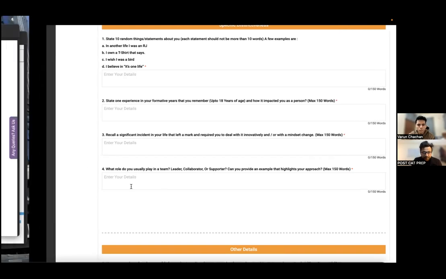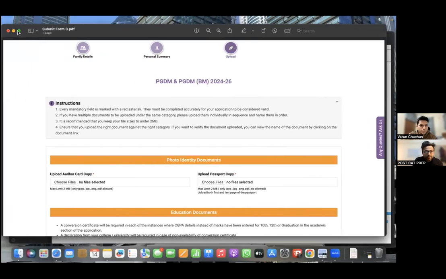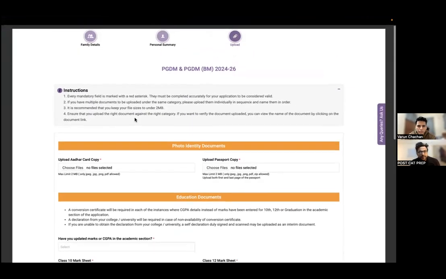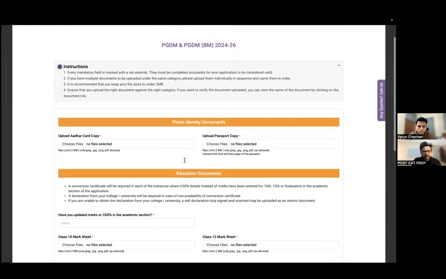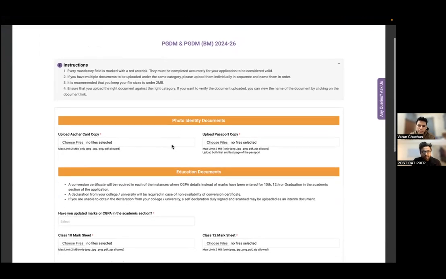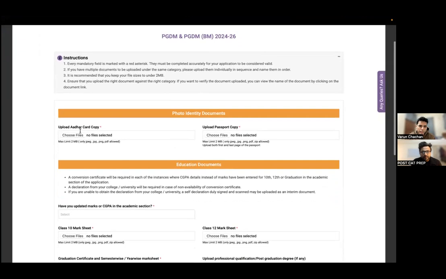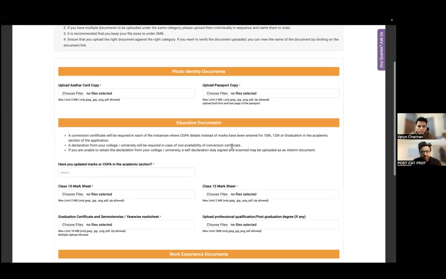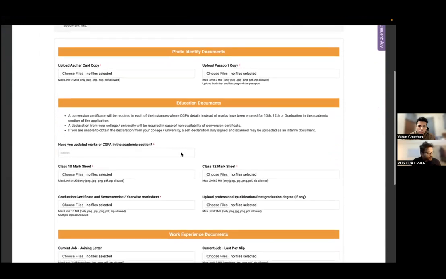Let's scroll down. Yeah, so this is the third and final part of the form, which is the uploading part. And here we are required to upload different identity related documents, namely our Aadhaar card and our passport copy. Apart from that, we are also required to upload some education documents like our 10th mark sheet, our 12th mark sheet.